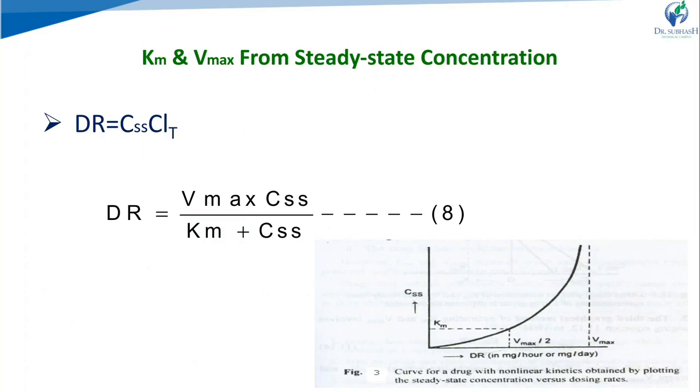So if the decline is due to a single capacity-limited process, then DR is equal to Vmax into CSS upon Km plus CSS. Plotting CSS versus DR yields a typical hockey stick-like curve, and from that we have to find out the Km and the Vmax.